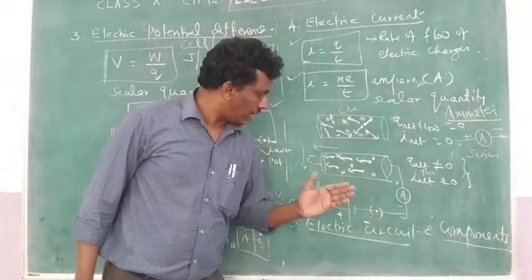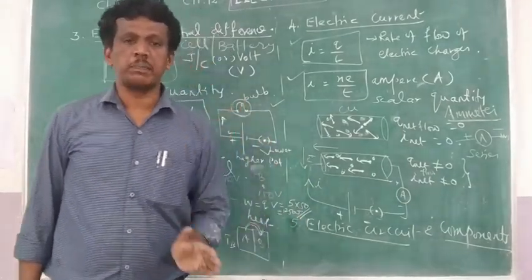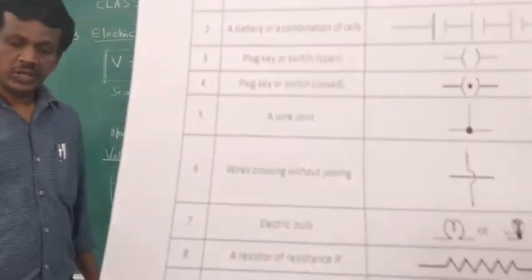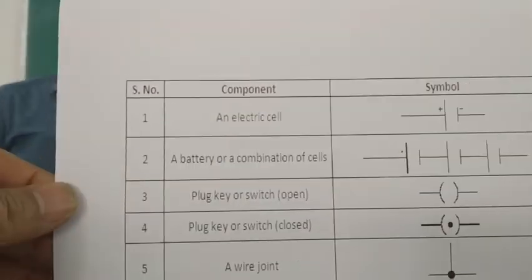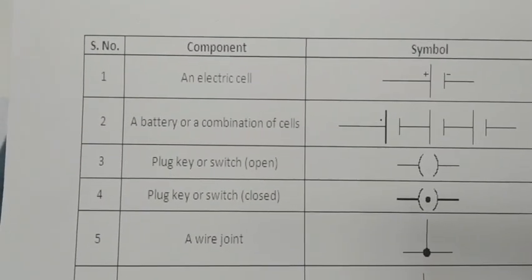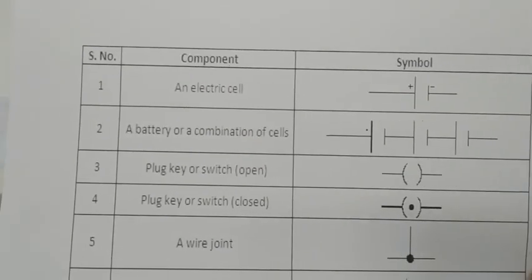So I am showing some electrical components with the symbol and the purpose. Let us look at the chart. First one you see, it is nothing but a cell. One is the positive, another one is the negative terminal. The second one is a combination of cells.